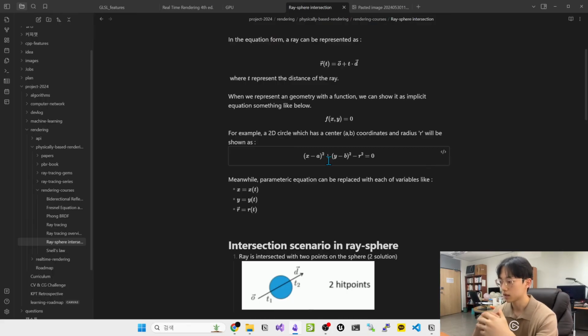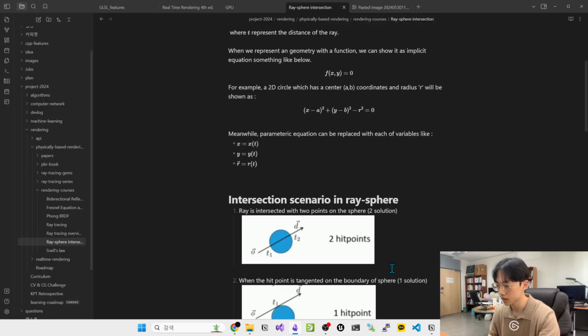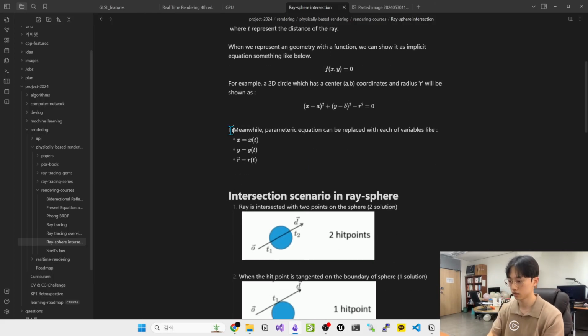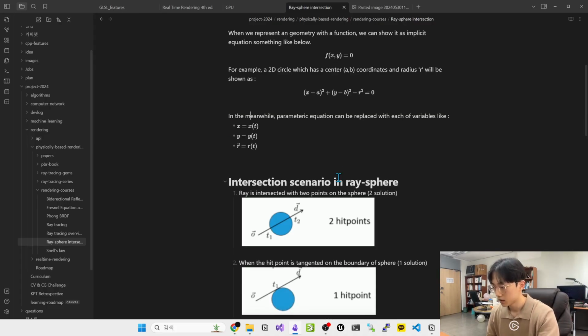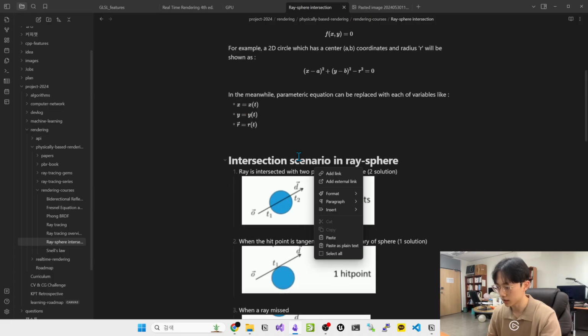If we subtract a from x and b from y, the square of that minus r squared should be equal to 0 to satisfy the circle shape. Meanwhile, we can use the parametric equation to replace the variables individually, like x is equal to x(t) and y is equal to y(t).